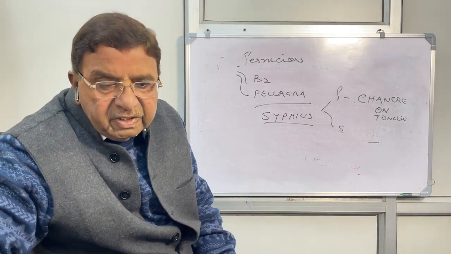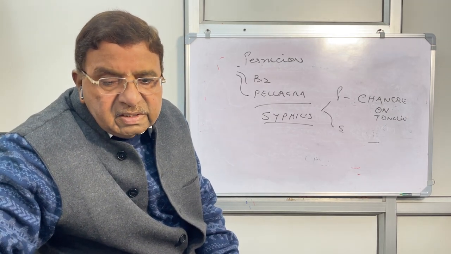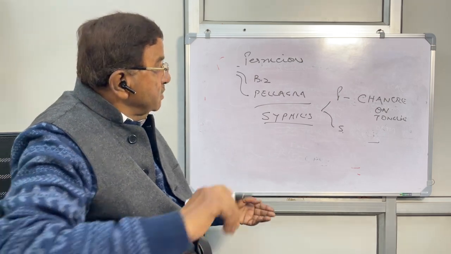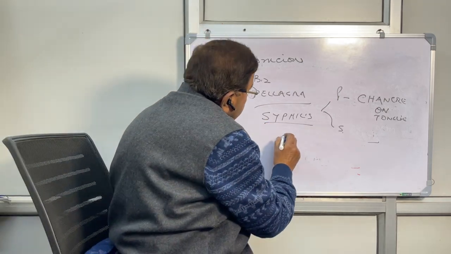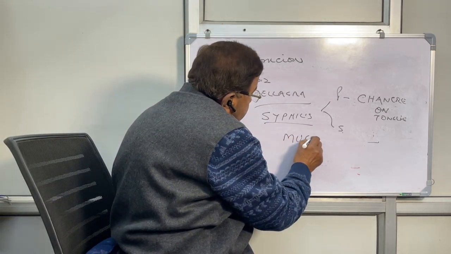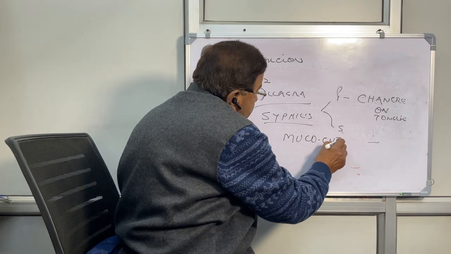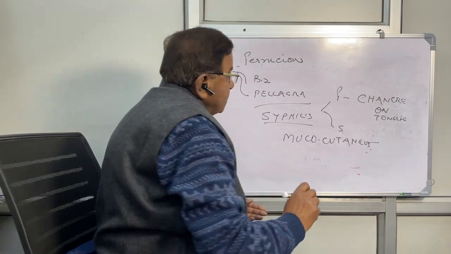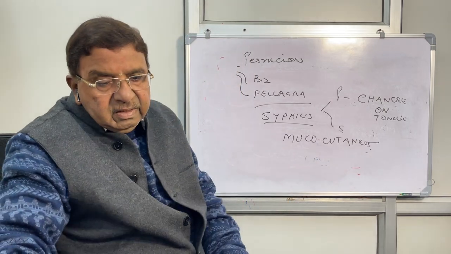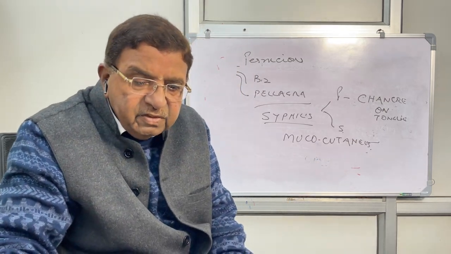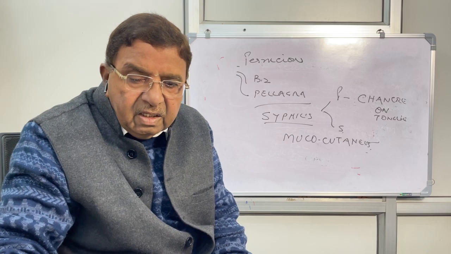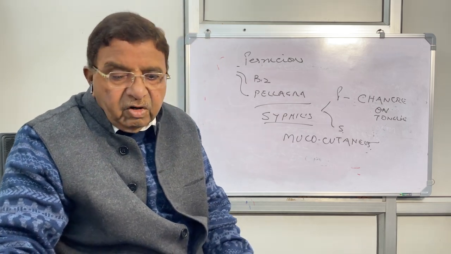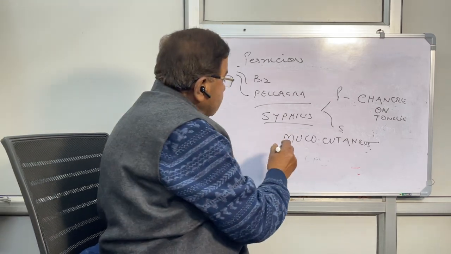In secondary syphilis, there will be mucocutaneous lesions with central ulcerations. Then in tertiary syphilis, there will be gummatous atrophy of the tongue, gumma formation.